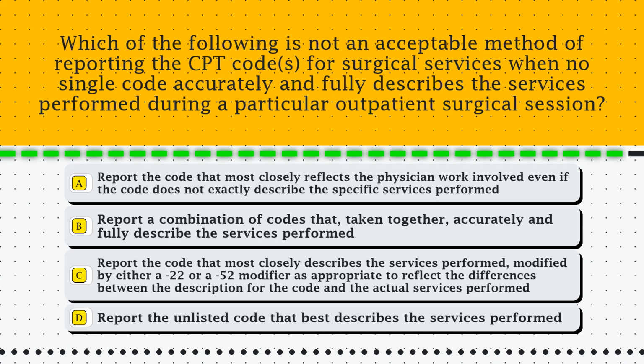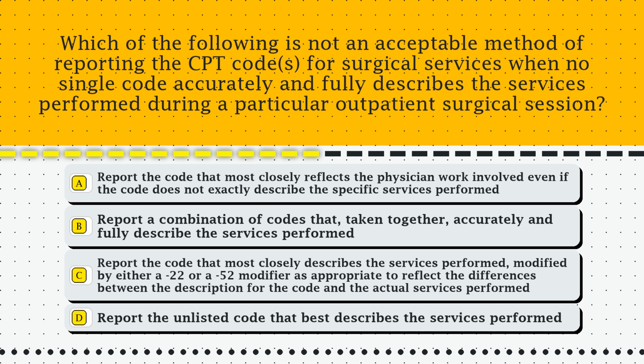Question 183. Which of the following is not an acceptable method of reporting the CPT code, S, for surgical services when no single code accurately and fully describes the services performed during a particular outpatient surgical session? Option A. Report the code that most closely reflects the physician work involved even if the code does not exactly describe the specific services performed.